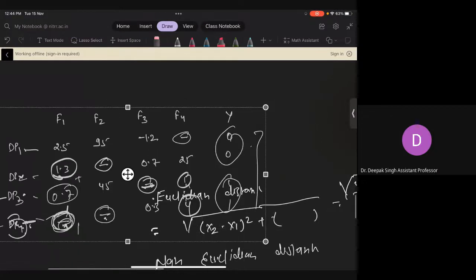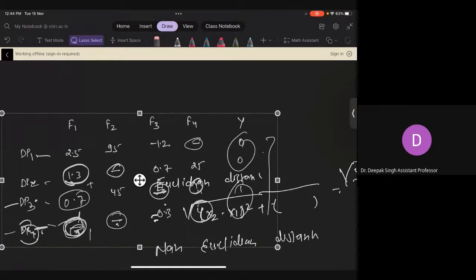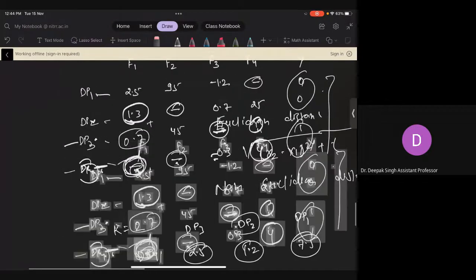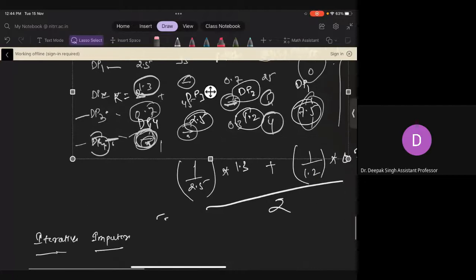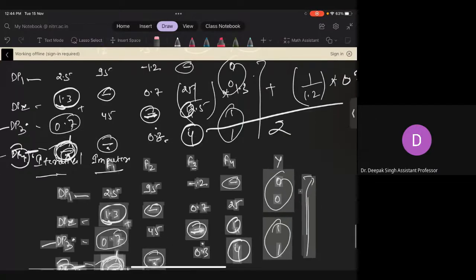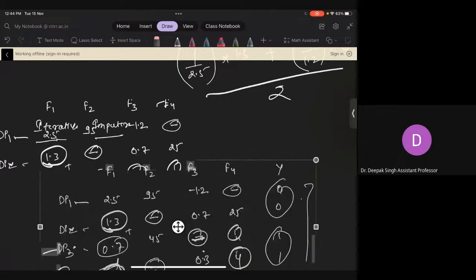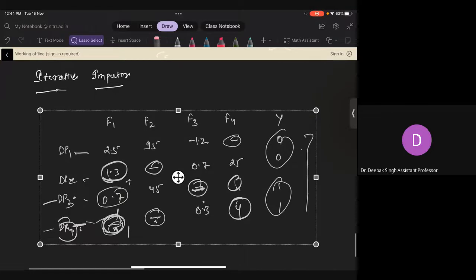I'm just using the same data, same table, right? That's why I'm dropping it. Now we are in iterative imputer, and I want the iterative imputer to work on the missing values.